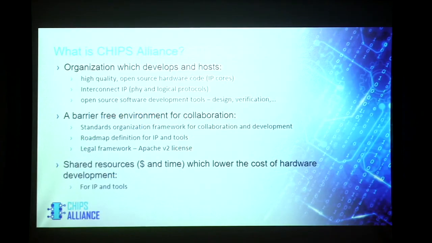Okay, let's move on. So what is the CHIPS Alliance? I already kind of said all this. It's an organization which develops and hosts high-quality open source hardware code, like IP cores, like SweRV, that I'm going to talk about today, some interesting interconnect IPs, and open source software development tools for design, verification, simulation, etc. It's meant to operate very similarly to RISC-V, and it kind of started from people from RISC-V.